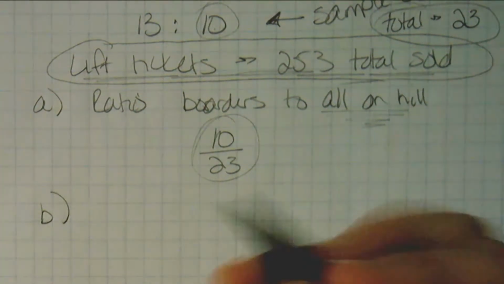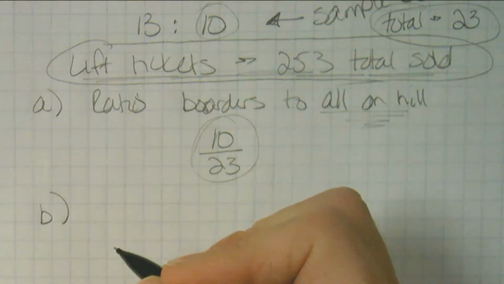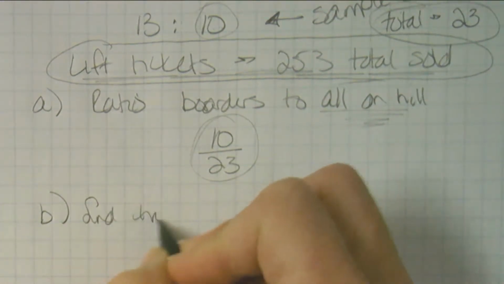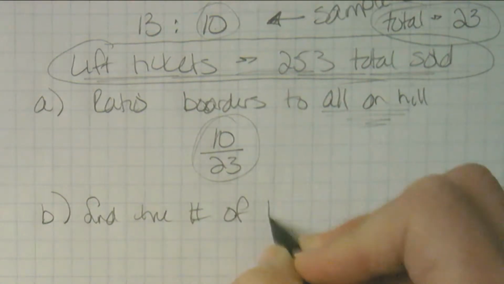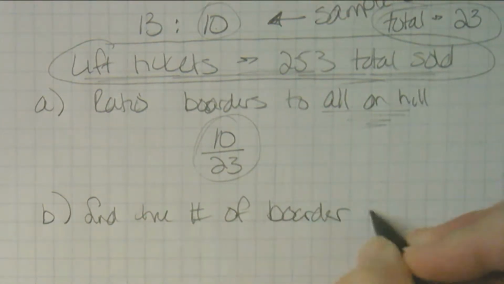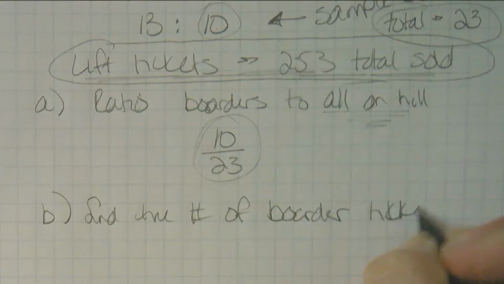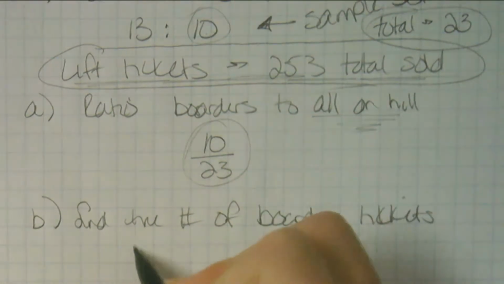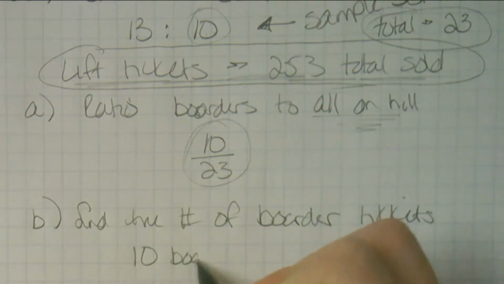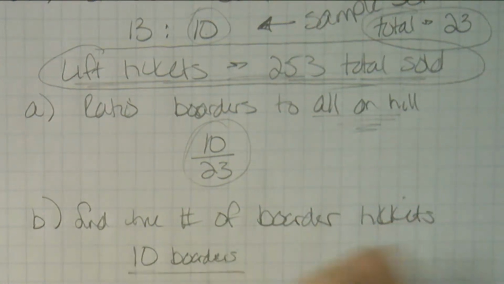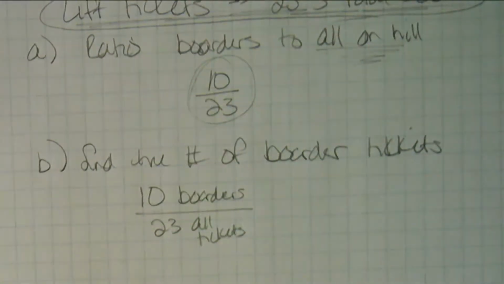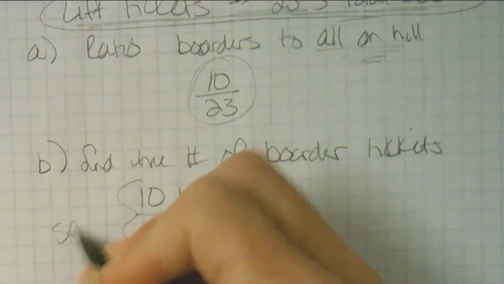All right, so for part B, they said, use the ratio number 1. We want to find the number of boarder tickets. Well, here's my ratio of boarders to all tickets in my sample set. So this is my sample set.